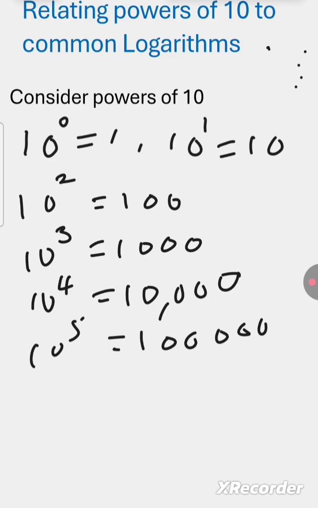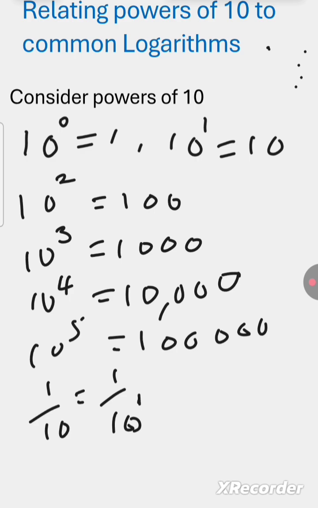You can also be given a number like 1 over 10. 1 over 10 is the same as 1 over 10 power 1. But remember, in our previous lesson, we talked about negative index.